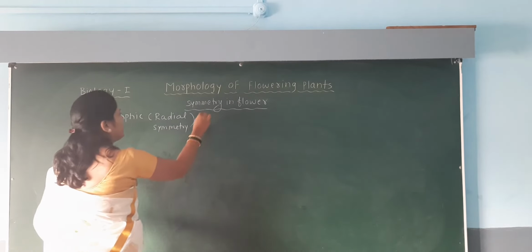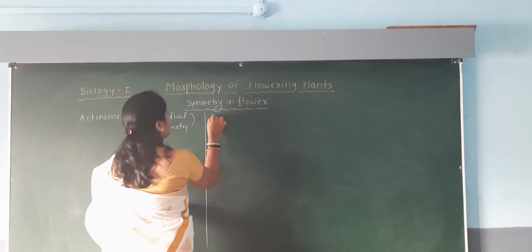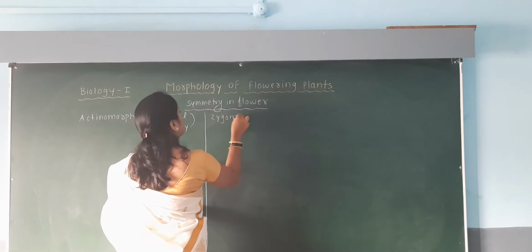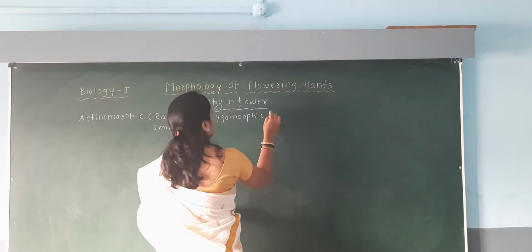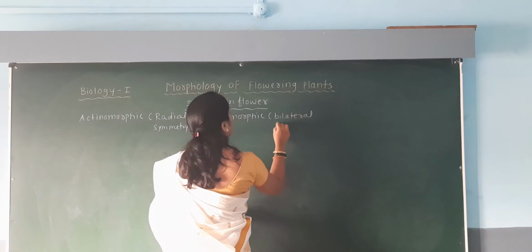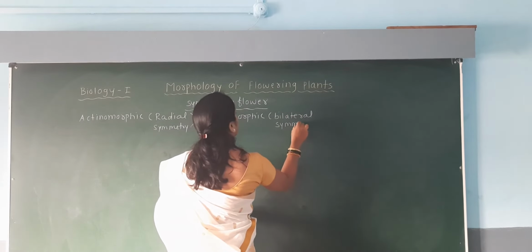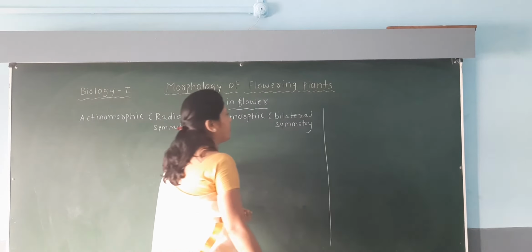Second type is zygomorphic, which is called bilateral symmetry.